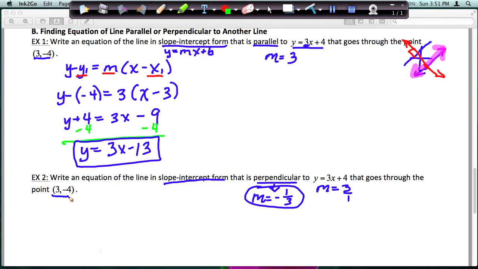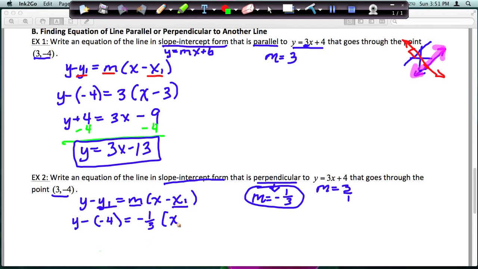So I'm going to again plug it into this equation, and we're again plugging in the same three values, the y1, the m, and the x1. So I have y minus, my y1 value for my point is negative 4, equals, my slope is negative 1/3, x minus, and my x1 value is 3, or the x value of my point.